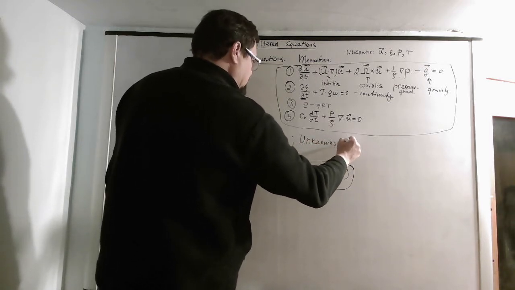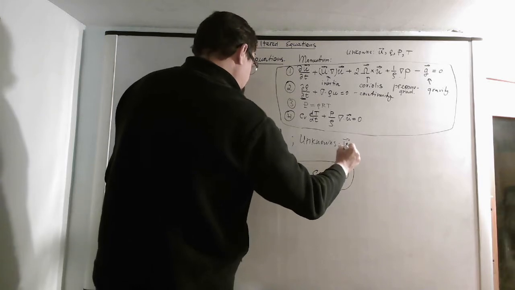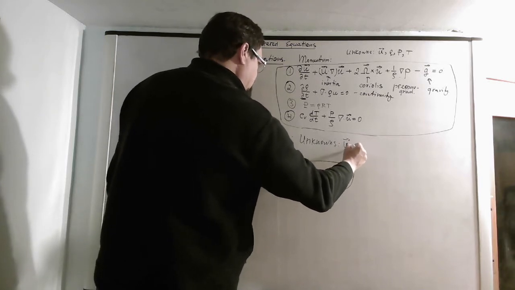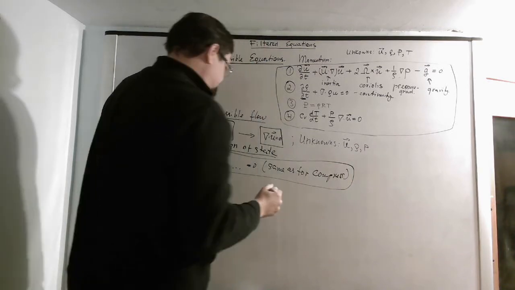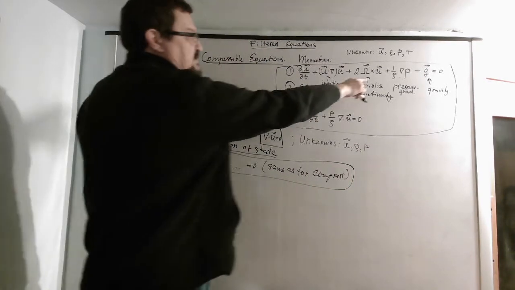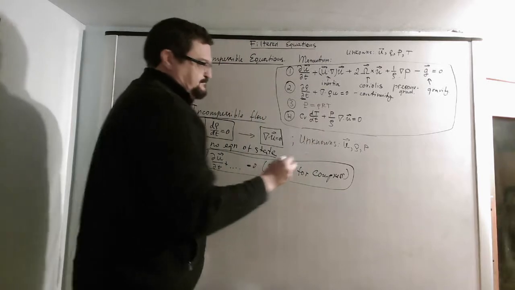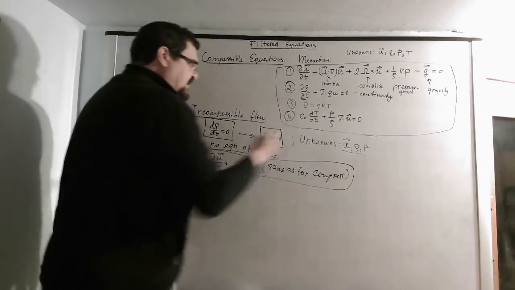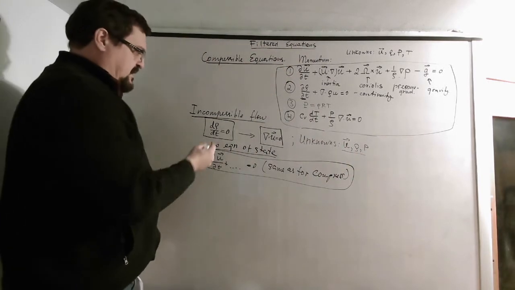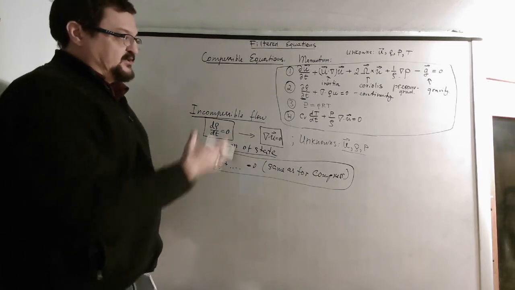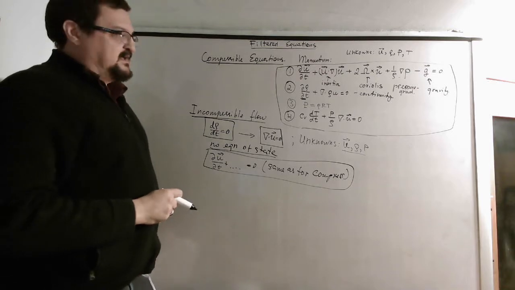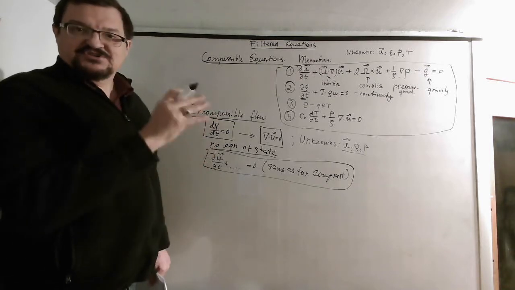It's u, rho, and p. P is still in the momentum equations. So we have three unknowns and three equations. No temperature. For incompressible flow, temperature is irrelevant.